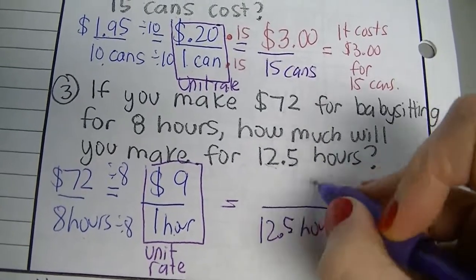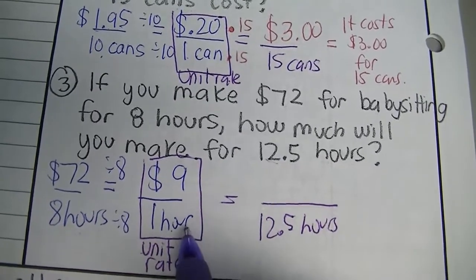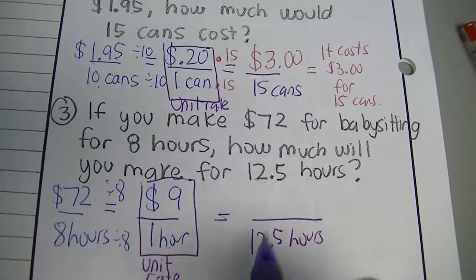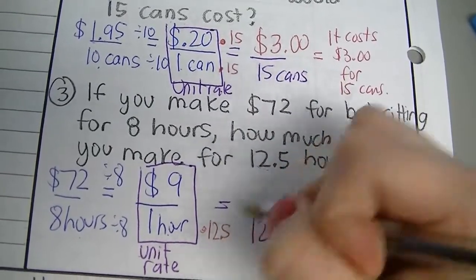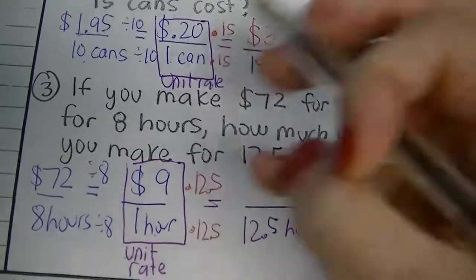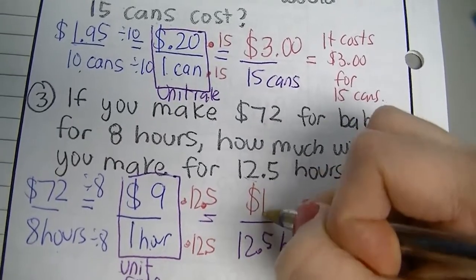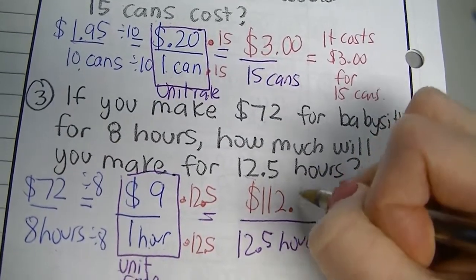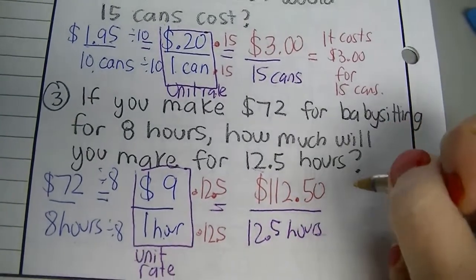And you're going to figure out the corresponding numerator to make these fractions equal, okay? So 1 hour times what is going to give you 12 and a half? Well, 1 times 12 and a half, or 12 and 5/10, same thing. Okay? When you go 9 times 12 and 5/10, don't forget your decimal, you get $112.50, okay?